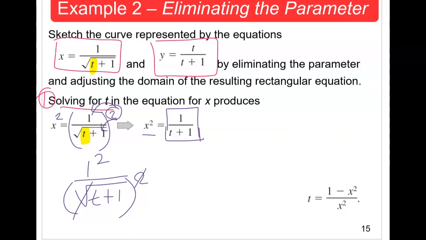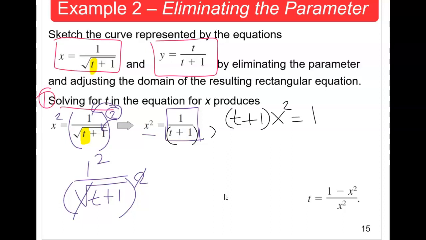So from here, I'm just going to continue to the right, and we're going to say that because t plus 1 is dividing the number 1, the only way to get that binomial out of there is by moving it to the left side. So from division, it will go to multiplication. So we're going to have t plus 1 times x squared, and then on the right side, we just have a 1.